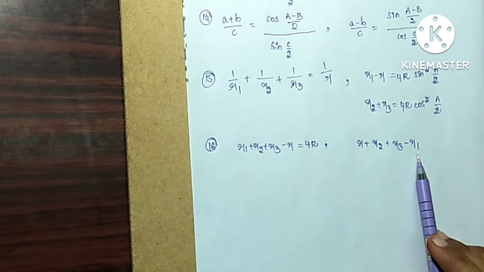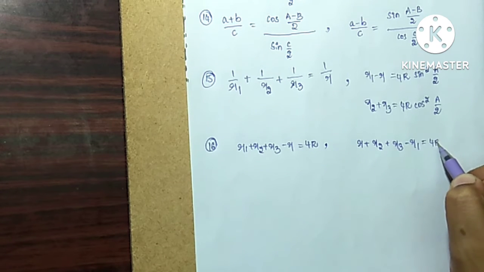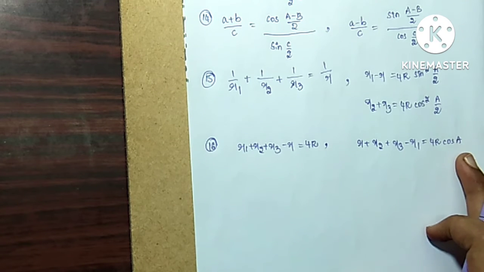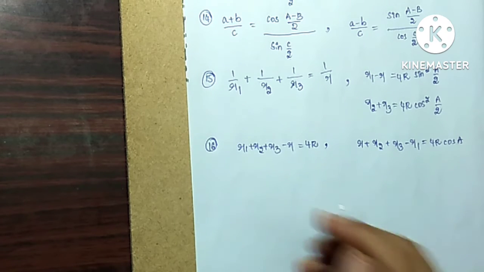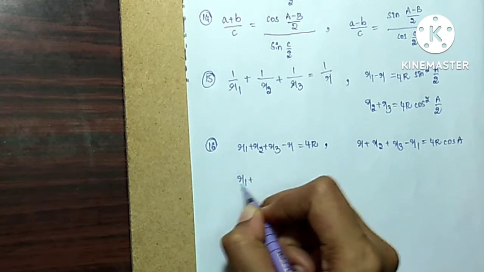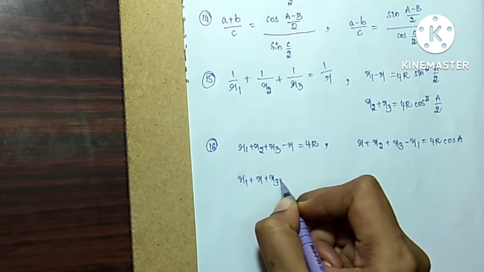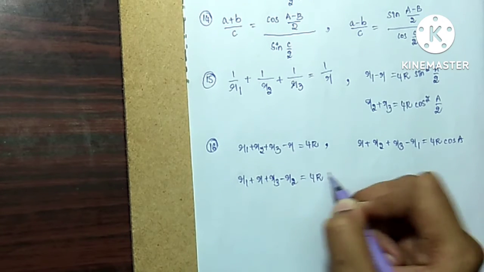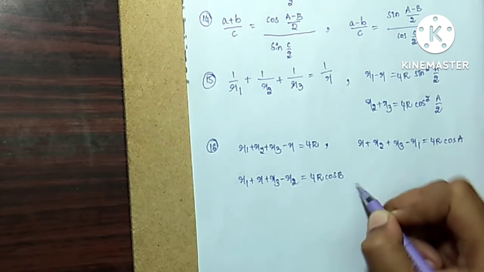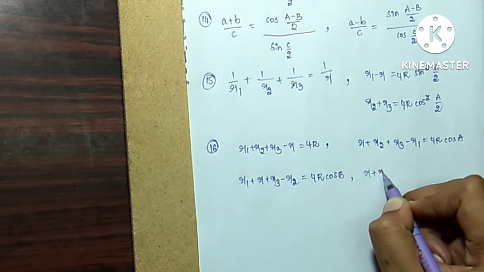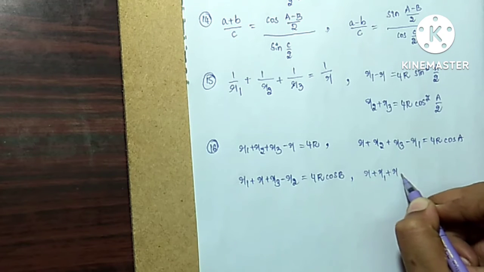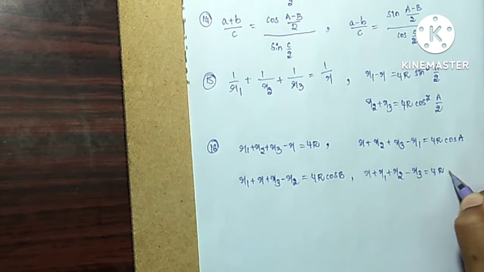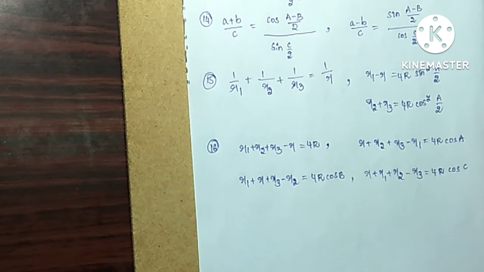Next we subtracted r1, we get 4R cos A. Next we will subtract r2, then r1 plus r plus r3 minus r2, we get 4R cos B. Next we will subtract r3, so r plus r1 plus r2 minus r3. Come on, everybody tell the answer. Very good, 4R cos C.